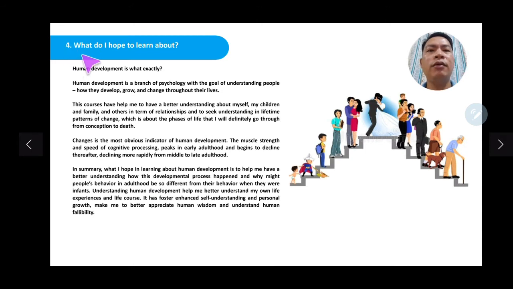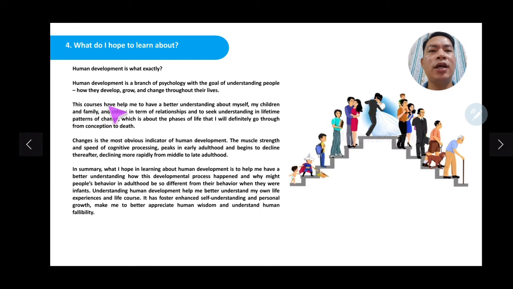Number 4, what do I hope to learn about? Human development is what exactly? Human development is a branch of psychology with the goal of understanding how people develop, grow, and change throughout their life.